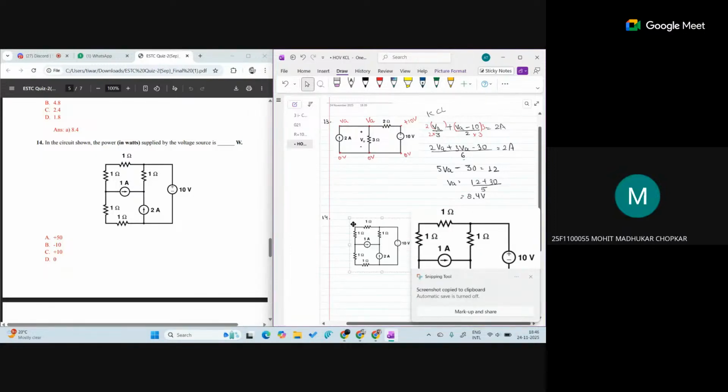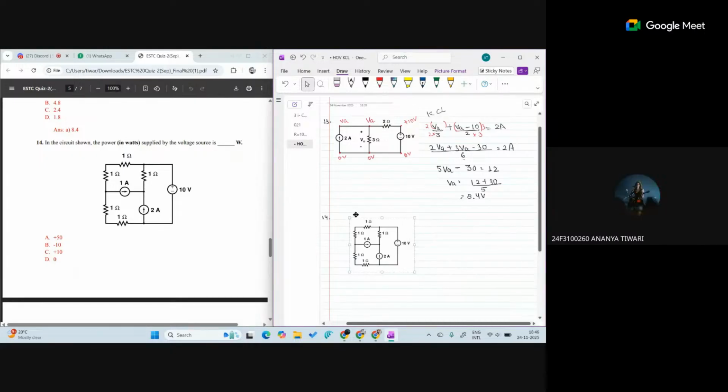First, what to find in this question? Power in watts by the voltage source, given 2 watt. Find the supplied voltage. We will find the equivalent resistance, like 1 ohm and 1 ohm are in series, like a 2 ohm. There are three sources, two current.